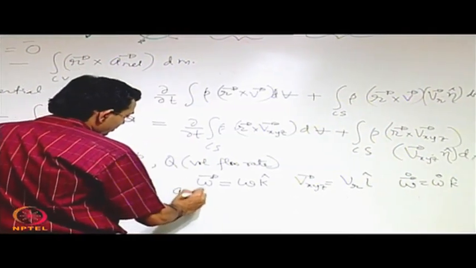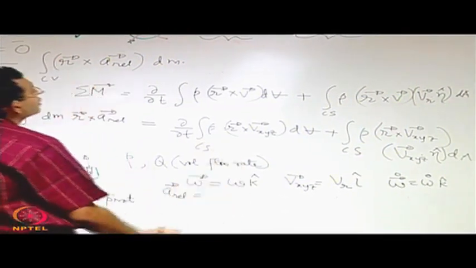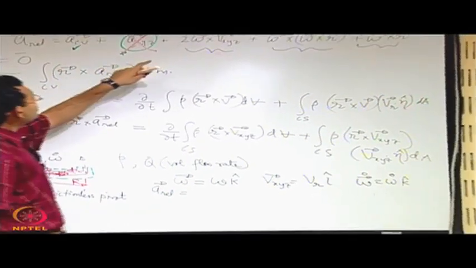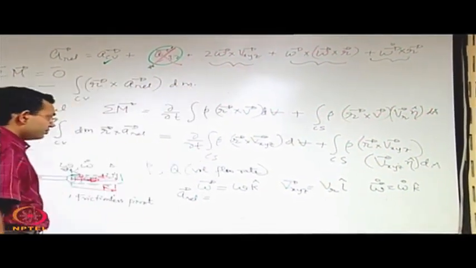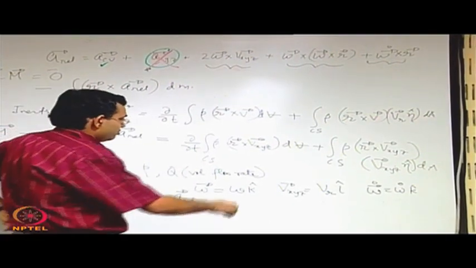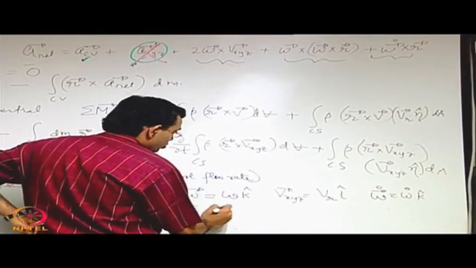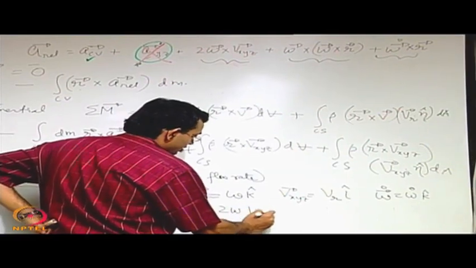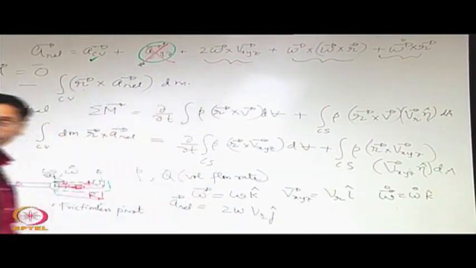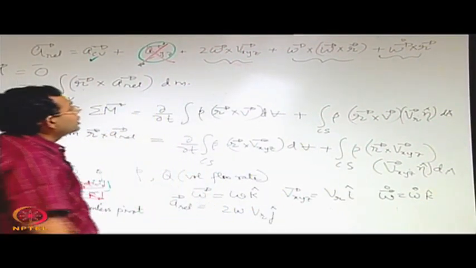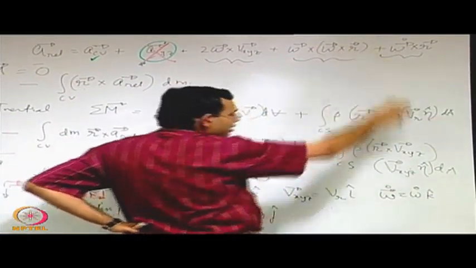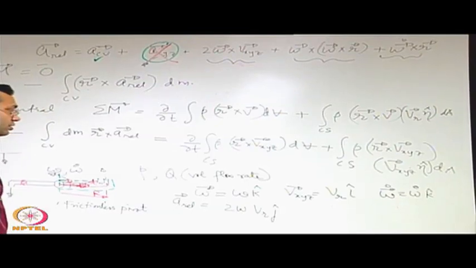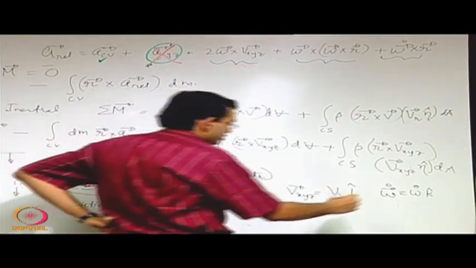So, A relative, first 2 omega cross V small xyz. So, these two cross product. So, 2 omega V r j, then omega cross r. What is omega cross r? What is r in a vector form?